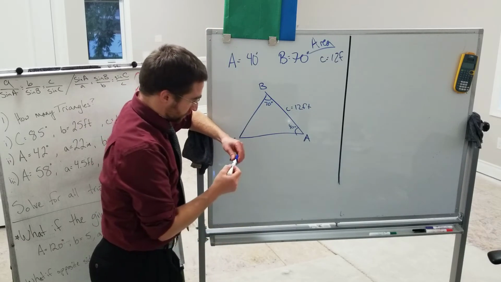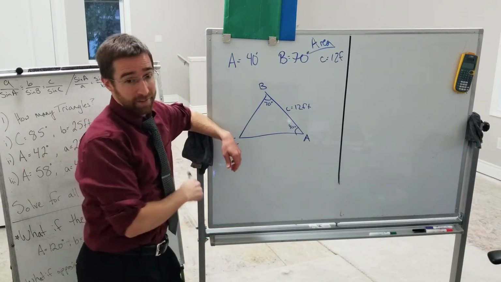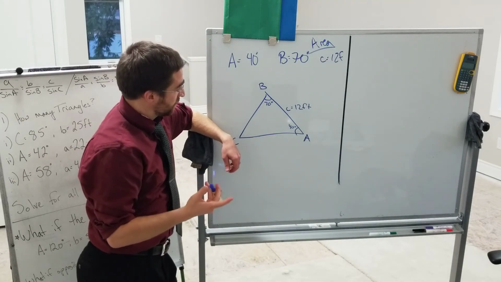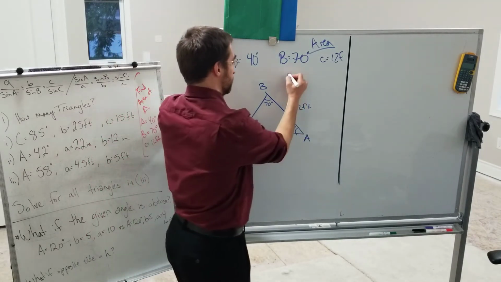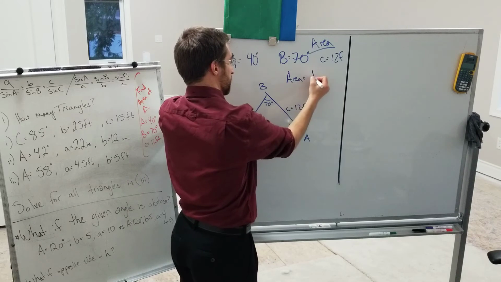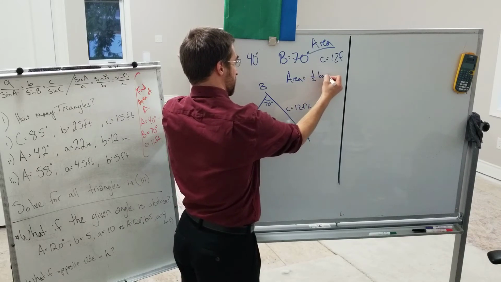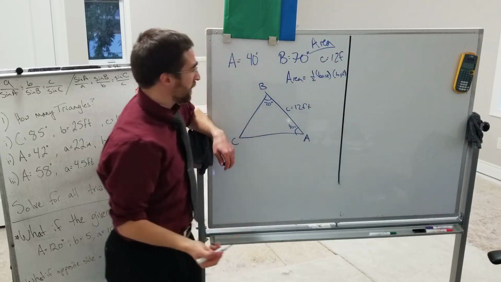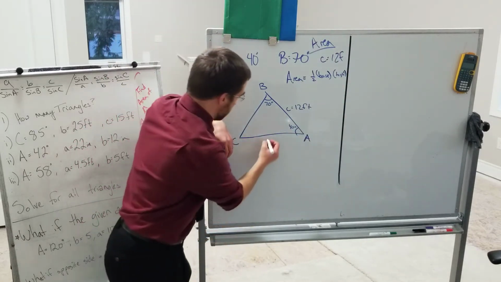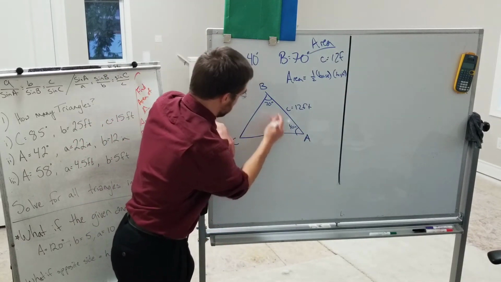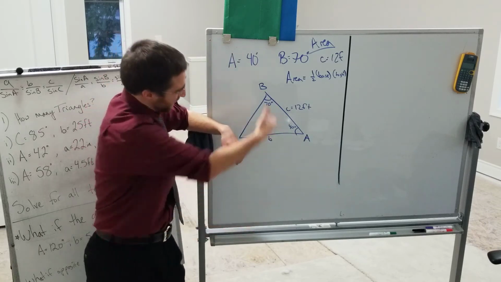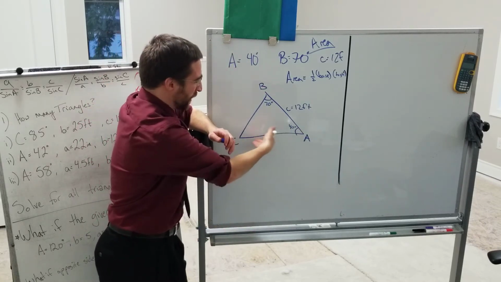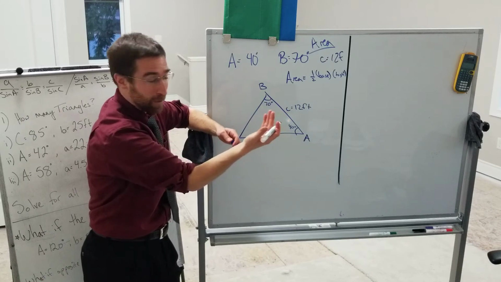If I want to find the area of a triangle, area equals 1/2 base times height. B has opposite angle B, and the way I drew it, B is on the bottom, so B is going to be our base.